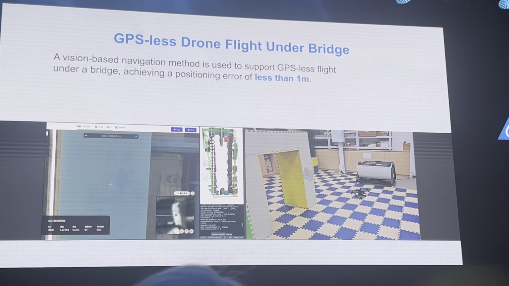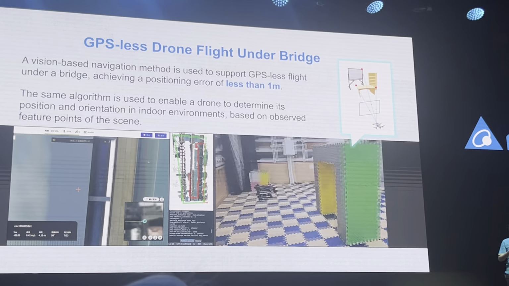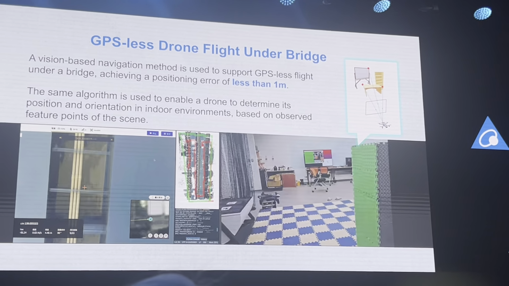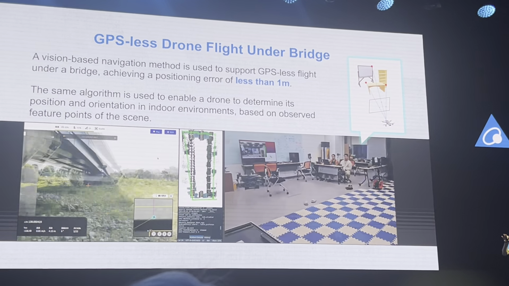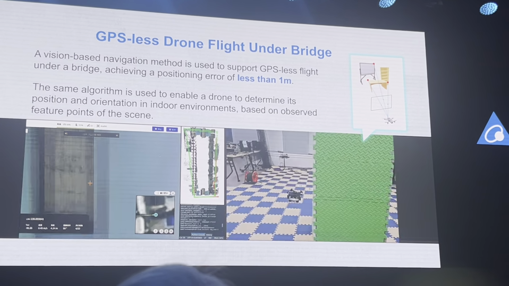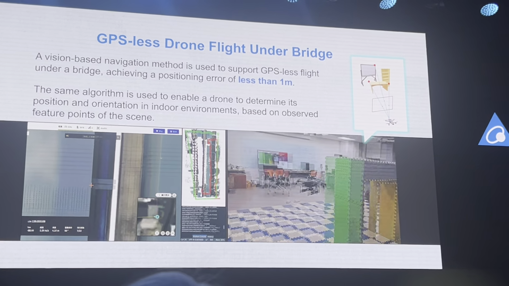The same visual SLAM algorithm can also enable a drone to fly in an indoor environment where, by definition, the GPS signal is not available, as shown on the right. So it can now fly smoothly and based on the planned path without any problems.